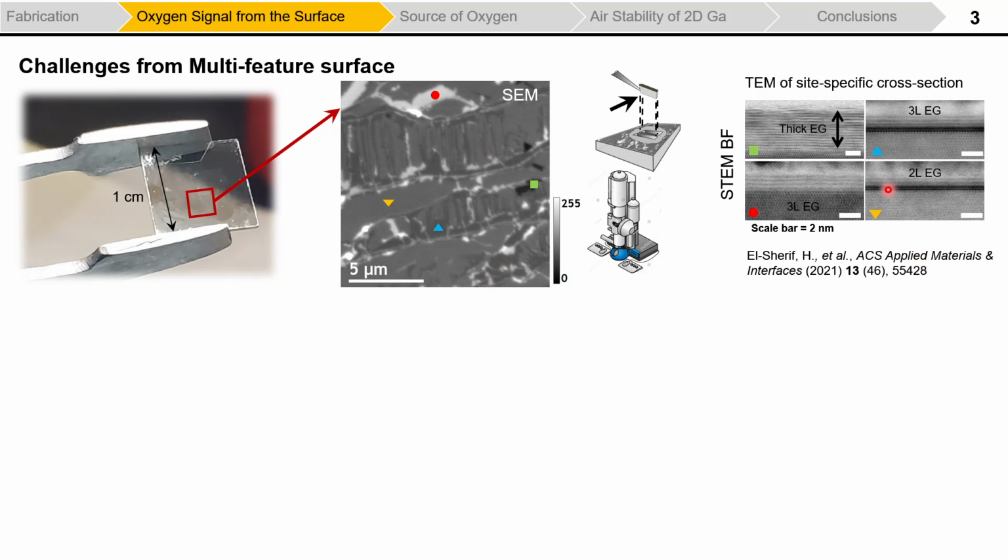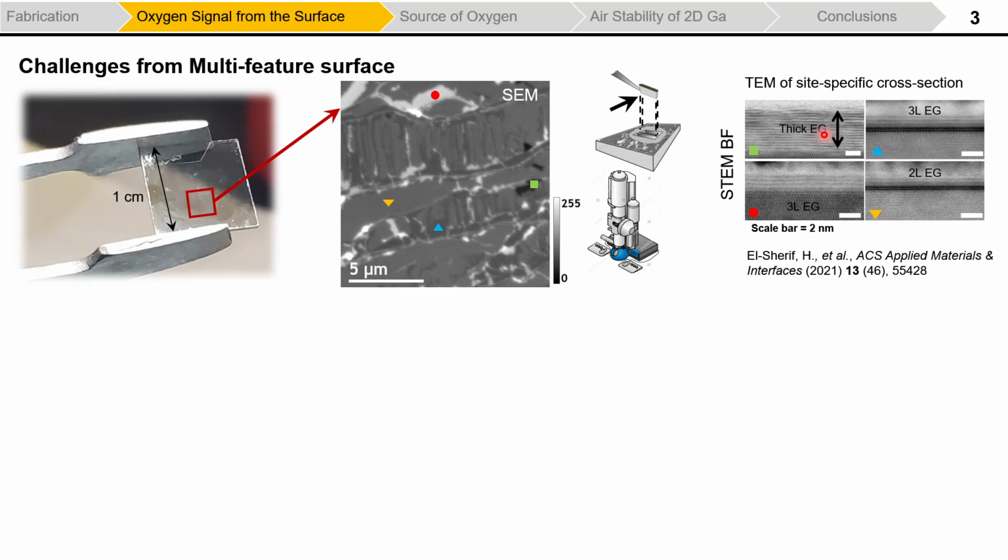We understand from this analysis that the gray contrasts represent the metal intercalation beneath bilayer graphene or trilayer graphene, whereas the variation of the graphene layers is the reason for the variation in gray contrast in SEM.